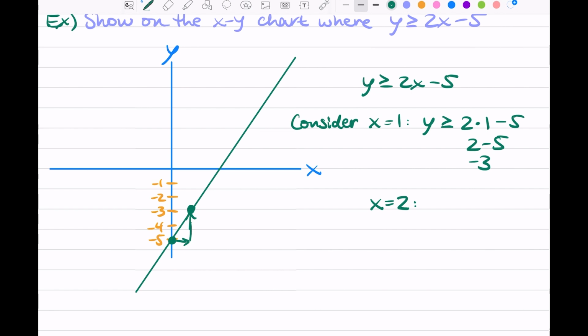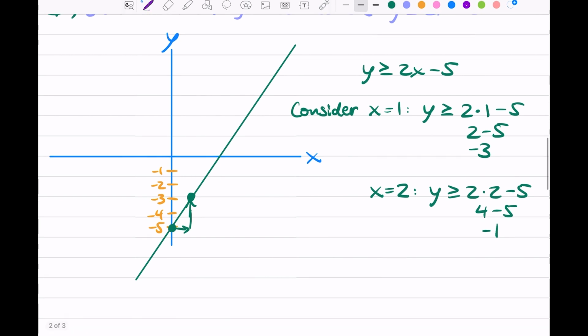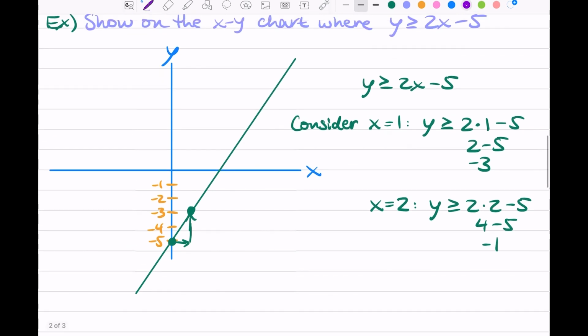We plug that in, we get y is greater than or equal to 2 times 2 minus 5, which is 4 minus 5, which is equal to negative 1. Okay, let's list our observations here. When x equals 1, y is greater than or equal to negative 3. When x equals 2, y is greater than or equal to negative 1.